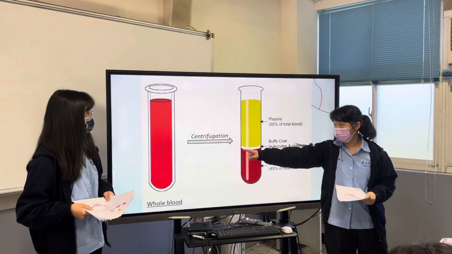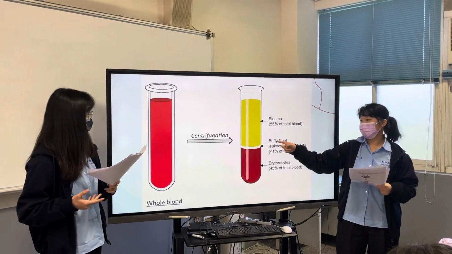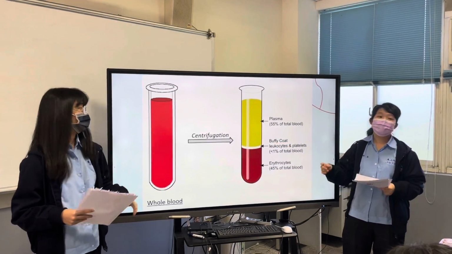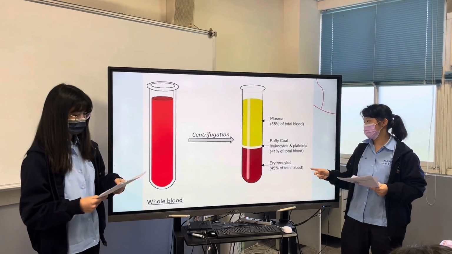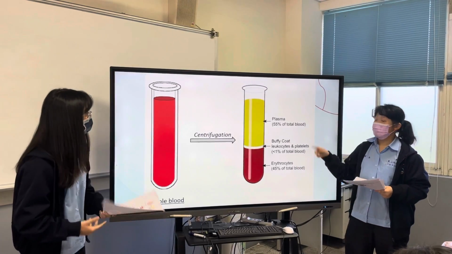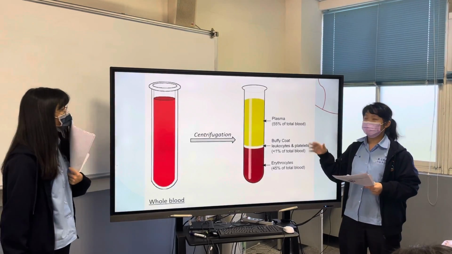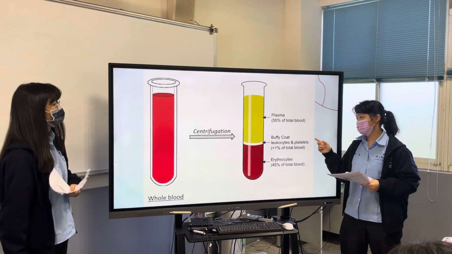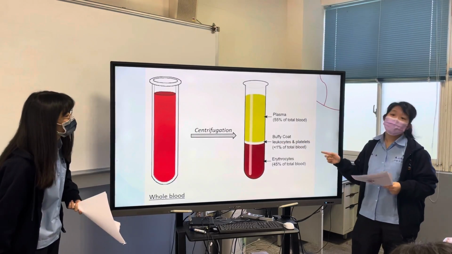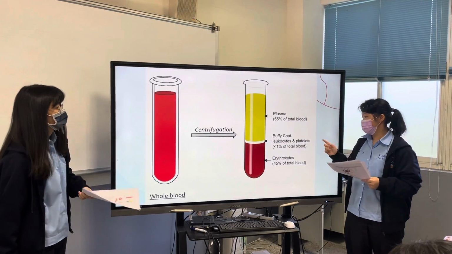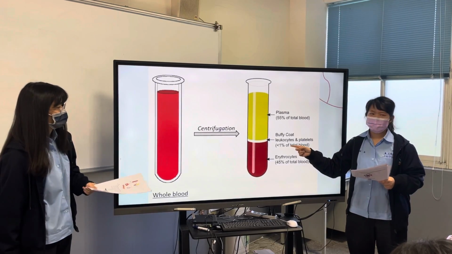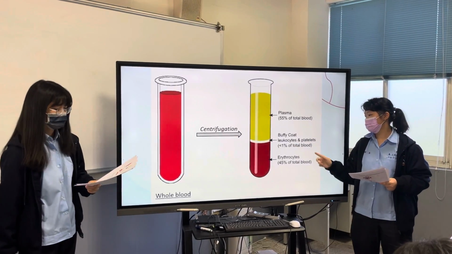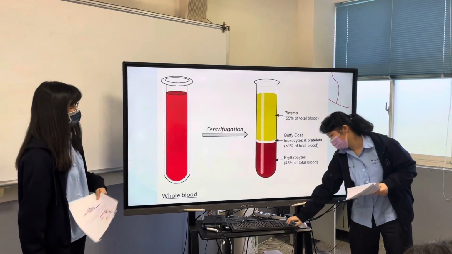This is the whole blood. After centrifugation, it will be divided into 3 parts: plasma, buffy coat, and the red blood cells. Plasma is about 55% of our total blood, and the buffy coat, which includes white blood cells and the platelets, is lower than 1%, and the red blood cells are 45% of our total blood.